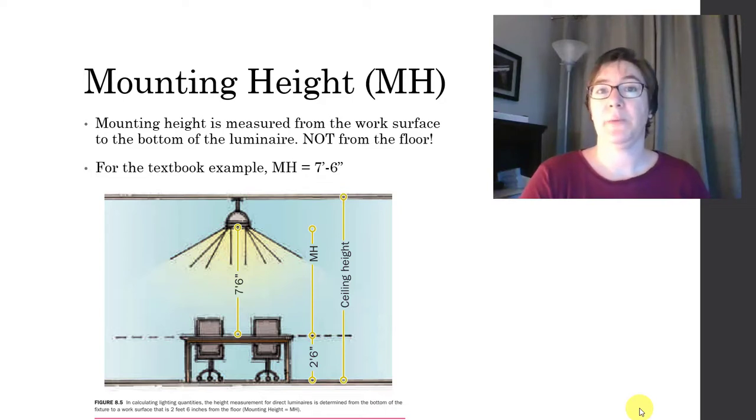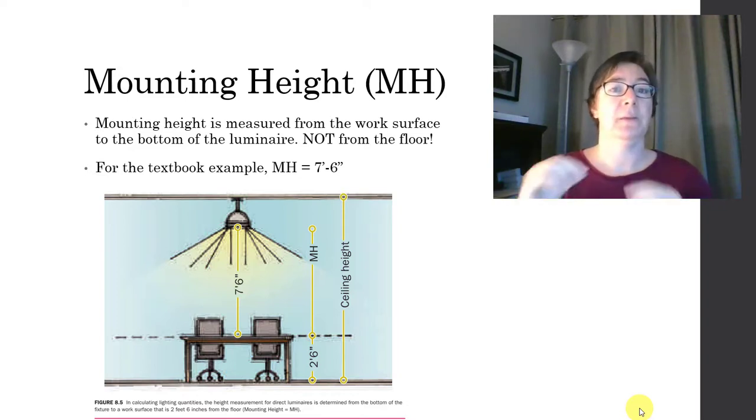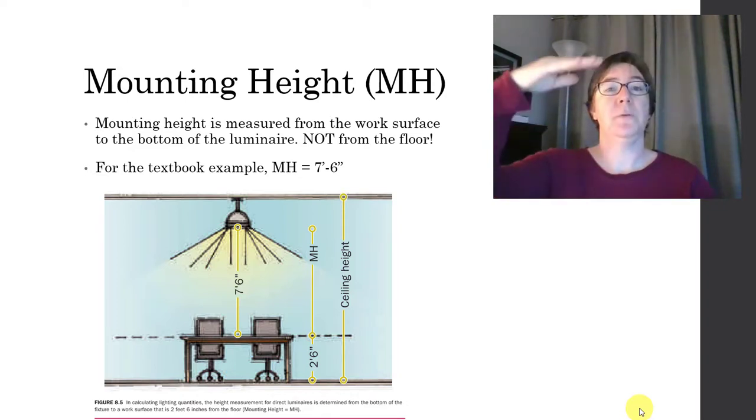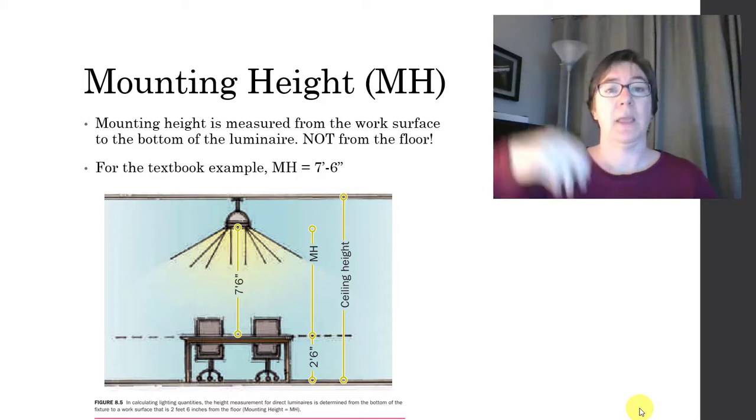There's one more piece that we need to talk about before we space our luminaires in a room, and that's the mounting height. Normally, when we talk about mounting height, it is the distance from the floor to the bottom of the luminaire.